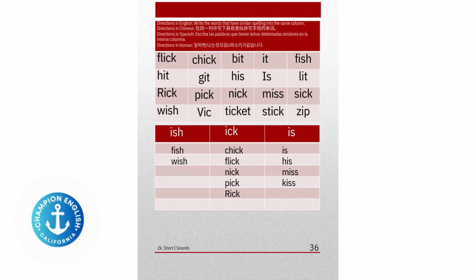In the third column, we have is. So you should have is, his, miss, and kiss. Okay, students, go ahead and read the words out loud in each column.